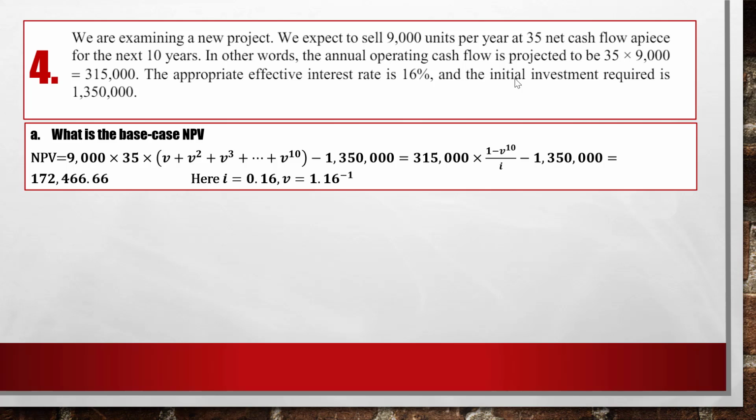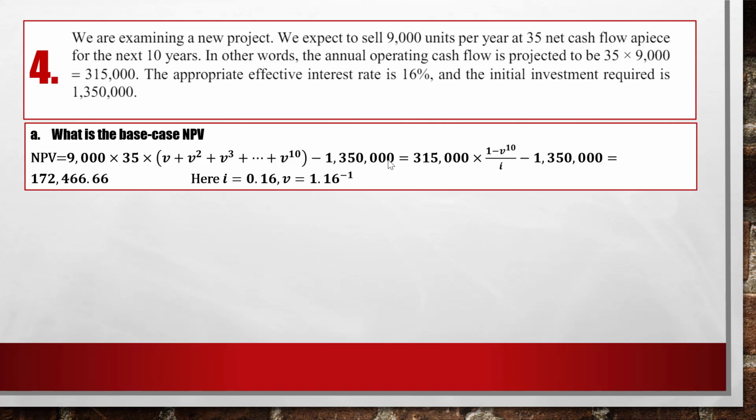The base case net present value is basically the net present value that is calculated based on our expectation, based on our plan. So here, it should be the present value of these 10 cash inflows and the negative 1,350,000 cash outflow, because we pay at time 0.